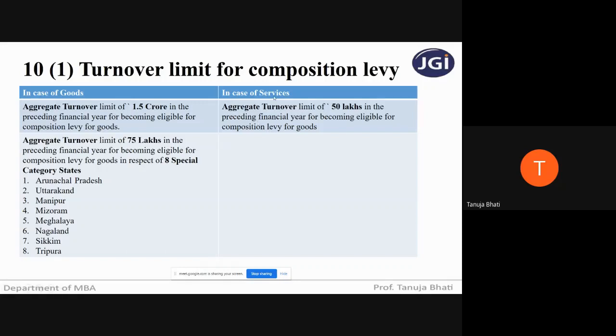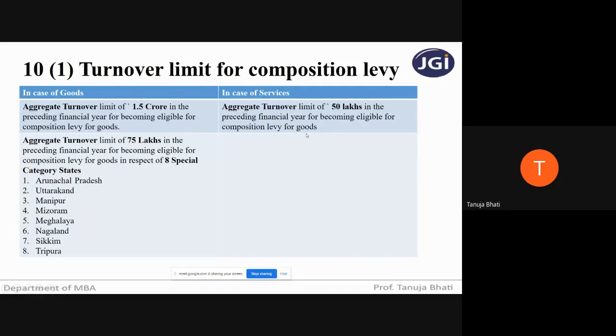Next, in case of services, what is the prescribed limit in order to opt for composition levy? It is 50 lakhs. So there is an aggregate turnover limit of 50 lakhs in the preceding financial year for becoming eligible for composition levy. Sorry, this is for services, students.